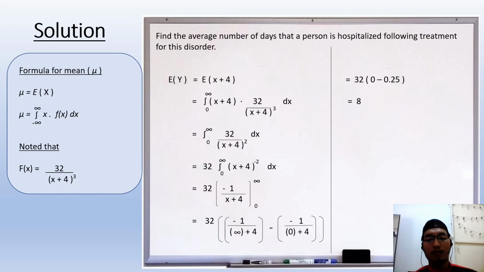We use E(Y) equals E(X plus 4), and then we use the formula of mean and substitute the values, and we get the integral of (x plus 4) with limits 0 to infinity multiplied by 32 over (x plus 4) cubed dx, and then we integrate, substitute the values, and the last answer we got is 8.